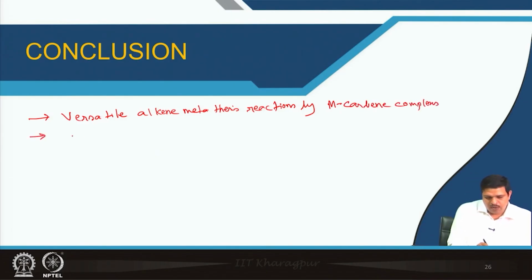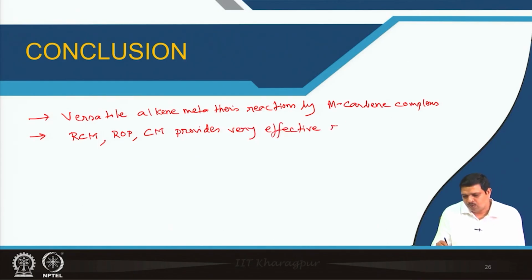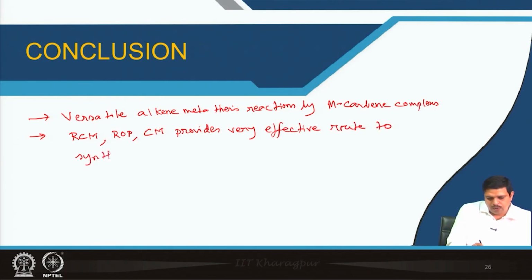Ring closing metathesis, ring opening metathesis, or cross metathesis provides a very effective route to synthesize new alkenes.